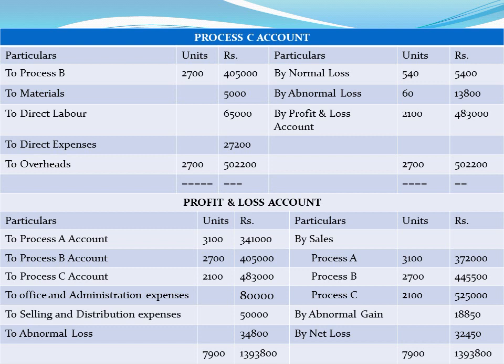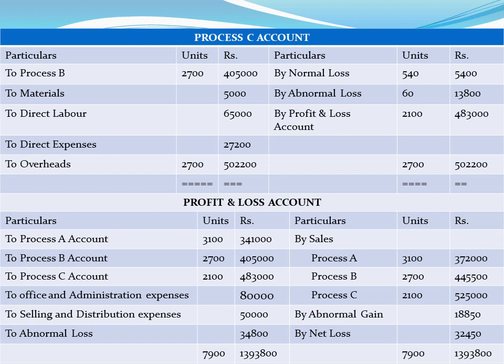Now preparing the profit and loss account. From process A we are getting 3,100 units, that cost is 3,41,000, and from process B, that is 2,700, that is 4,05,000, and from process C 2,100, that is 4,83,000.